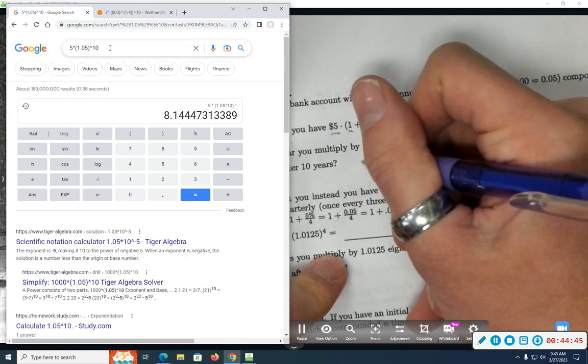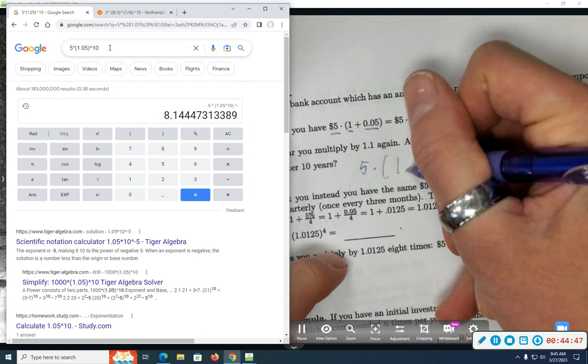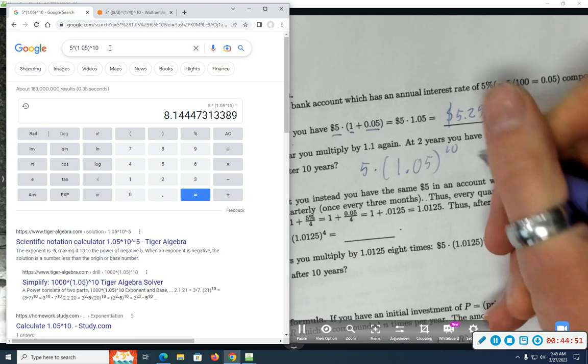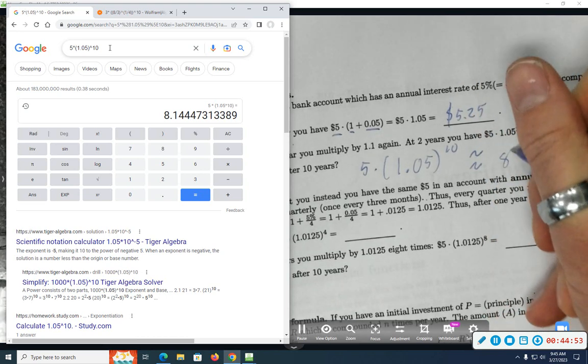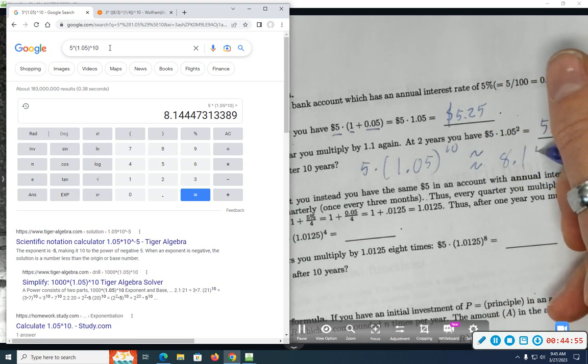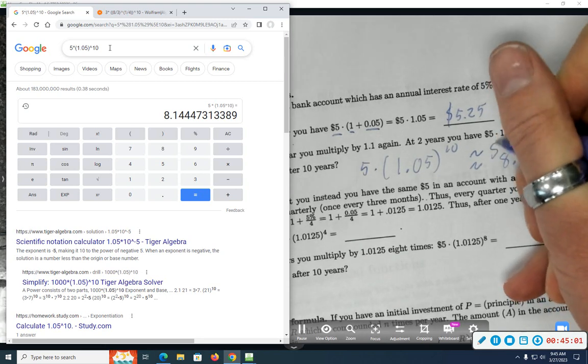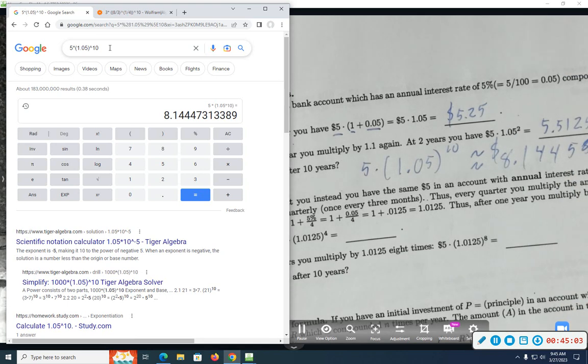Five times 1.05 raised to the 10th power, about 8.1445. Oh, dollar sign goes at the beginning. It always seems wrong because you say dollars at the end. Right? Nice. So, there's no surprises there, that's just interest rates.